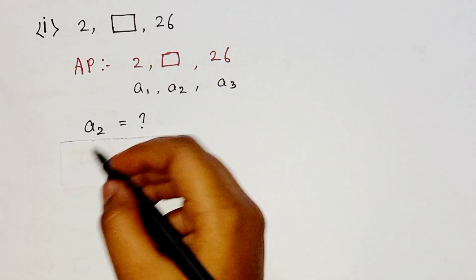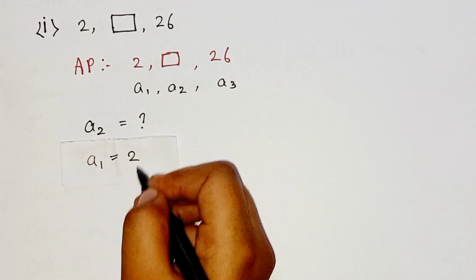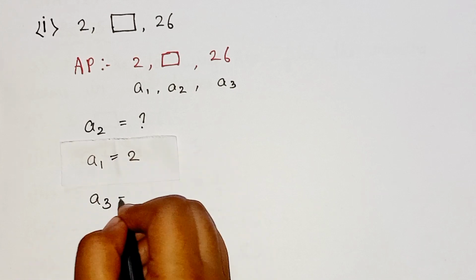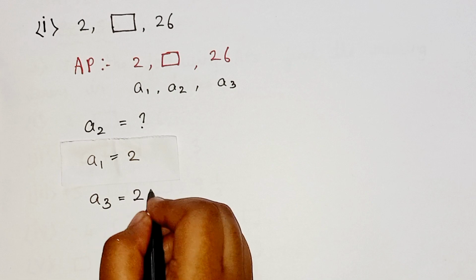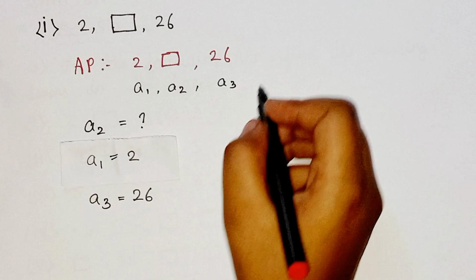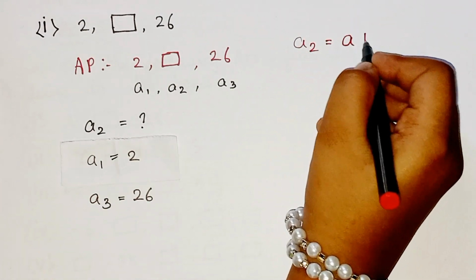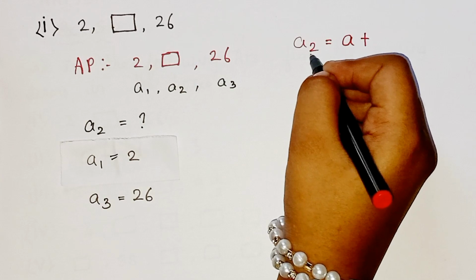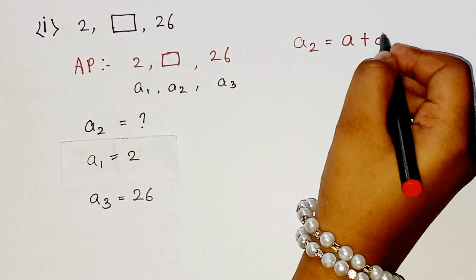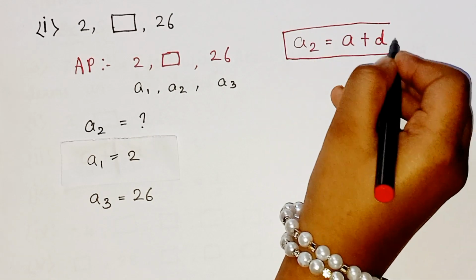So here we don't know the A2 value, but we know the A1 value, that is 2, and we know the A3 value, that is 26, okay. So we have A2, right? So A2 we can actually write it as A2 is equal to A plus, so the previous number of 2 is 1, okay. So 1 into D, okay. So we can actually write it like this, isn't it?